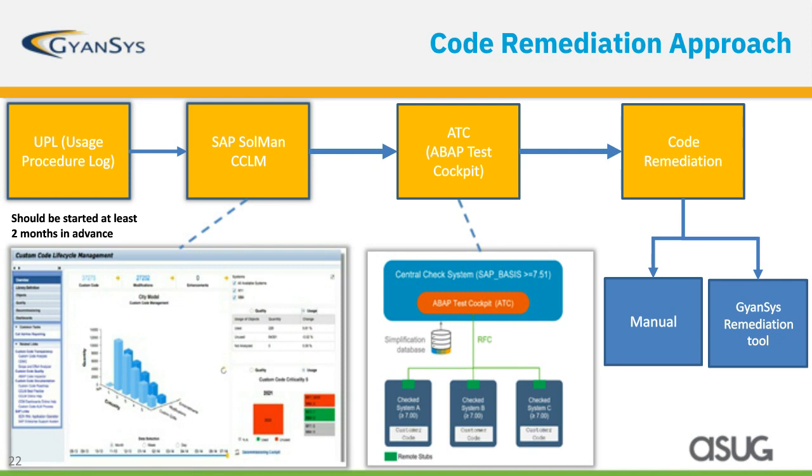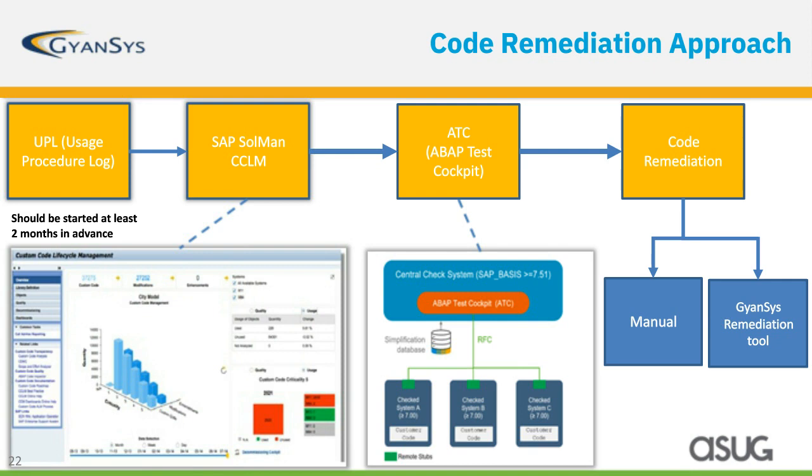But the very important and mandatory part is the ATC, because we have several custom code objects which help the business run their processes. Now we want to see, when we are moving that custom code from ECC to S4 HANA, whether it is going to work there. To make sure it works, we need to check the S4 HANA readiness of the custom code, and the ATC tool helps us with that.